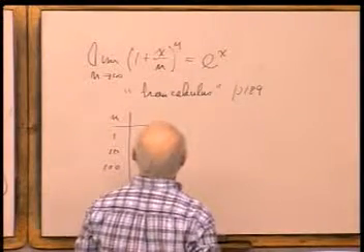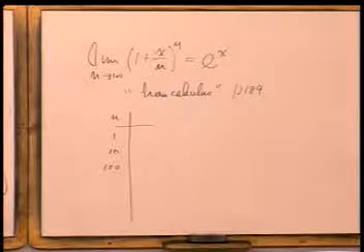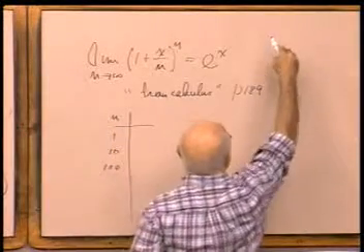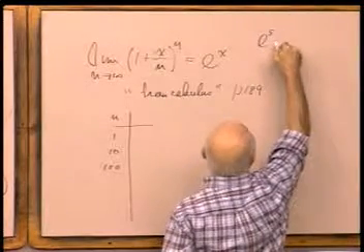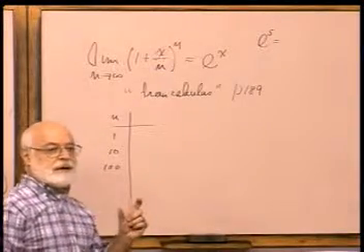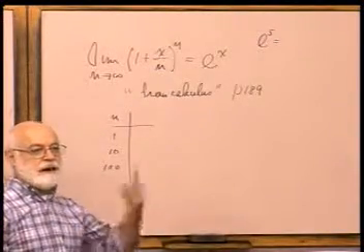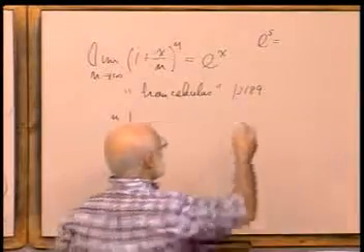So, pick an x. Somebody give me an x. What? 5. Okay. So, if x equals 5, let's calculate e to the 5. So first of all, anybody got a calculator? Just put in exp5 and press the button. About 148. Okay.